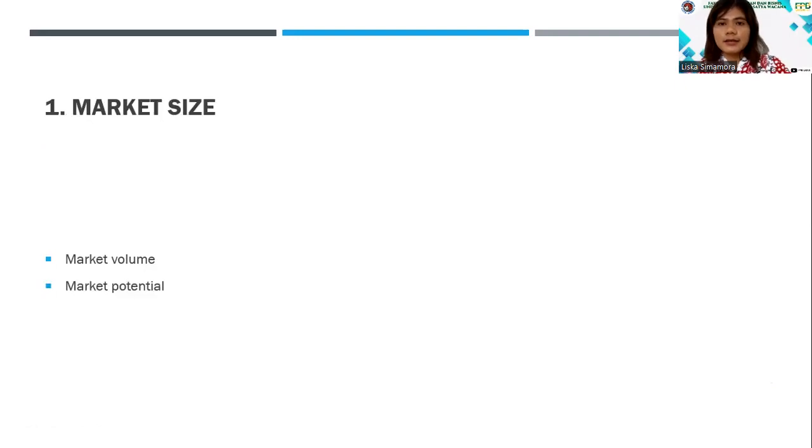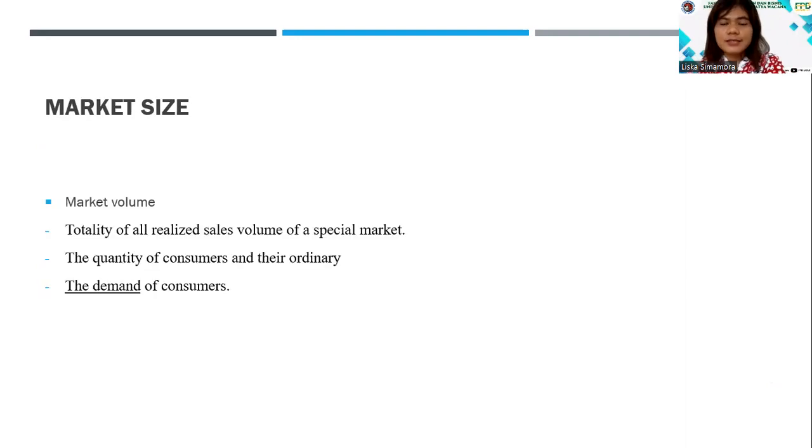Market size is talking about market volume and market potential. Let's see the definition of each of them, starting from market volume. Market volume is the totality of all realized sales volume of a special market.